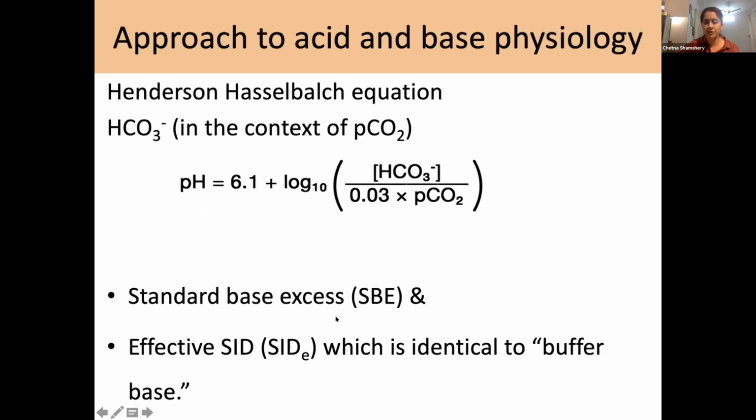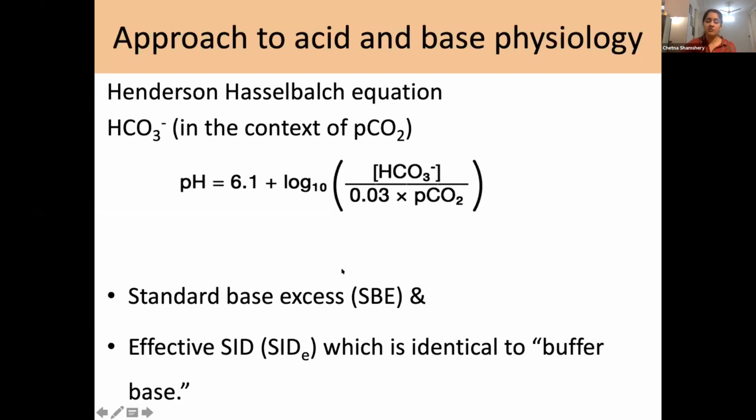I will show you a few samples of ABG. The base excess is always mentioned on the ABG strip. The normal value is between +3 and -3. If the value is greater than +3, then it is usually considered alkalemic. If it is less than -3, then it is acidotic. So this is another way of calculating it.